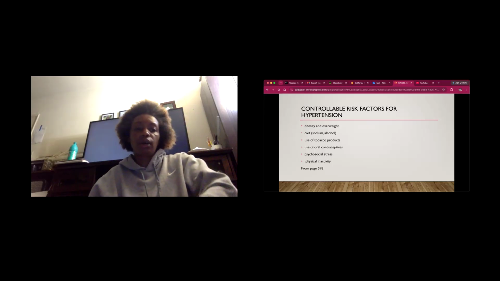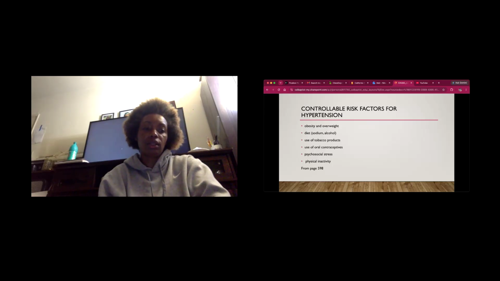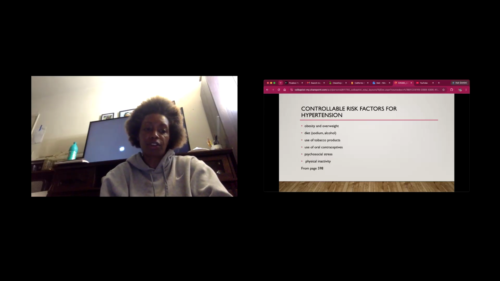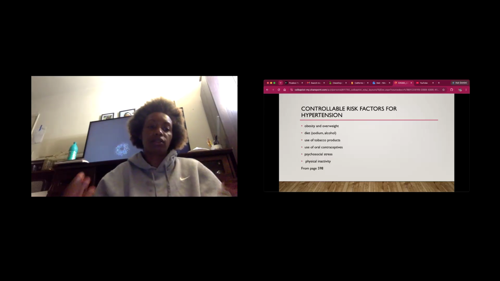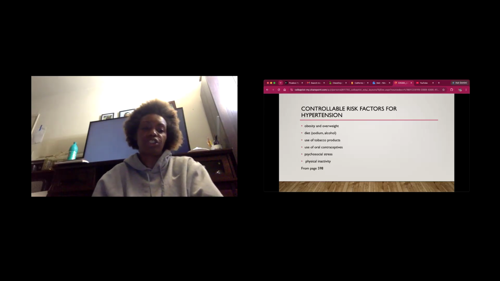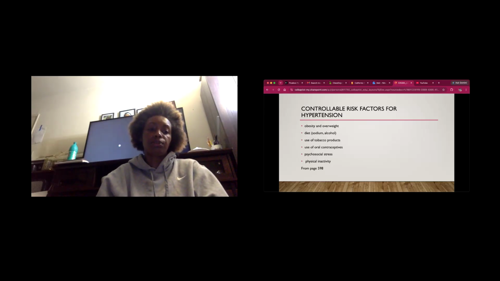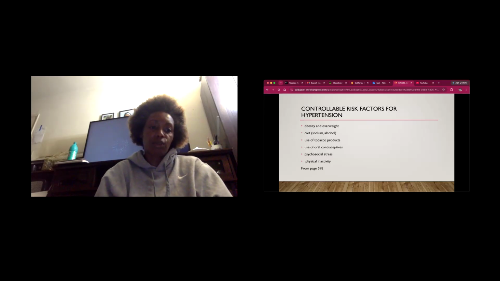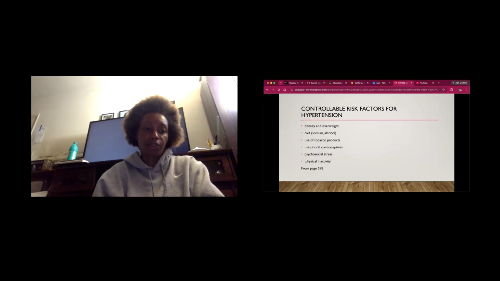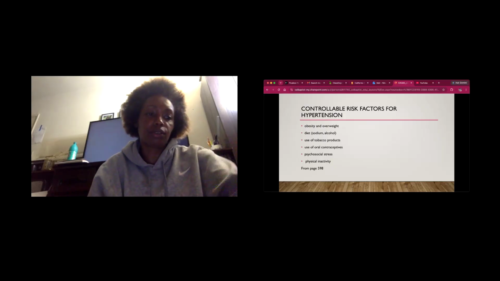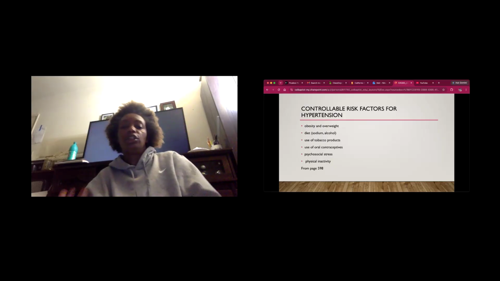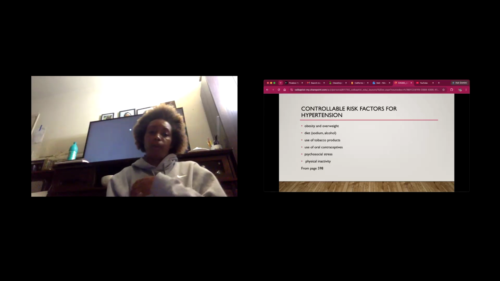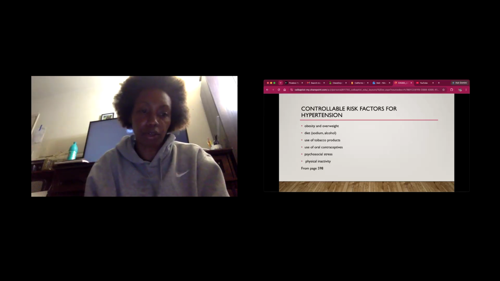The text also identifies obesity as an independent risk factor for hypertension and explains that substantial reductions in blood pressure can occur with weight loss. Additionally, physical inactivity is a risk factor for hypertension, while increasing physical activity tends to reduce elevated blood pressure. This is found on page 598 of chapter 22.